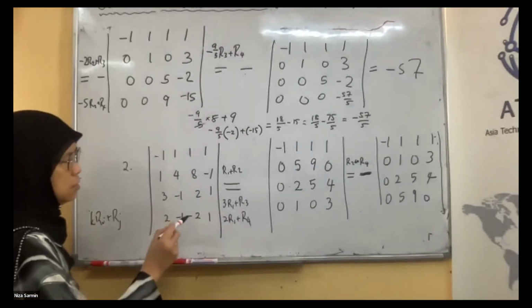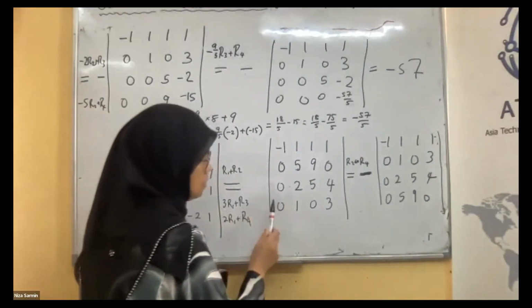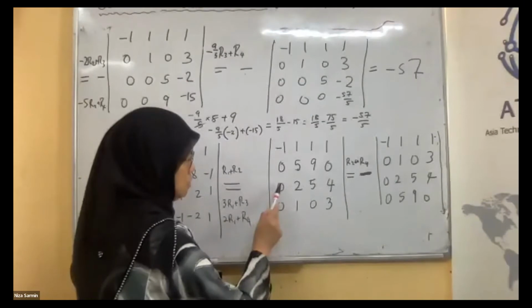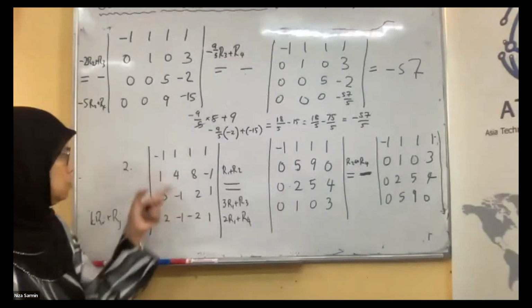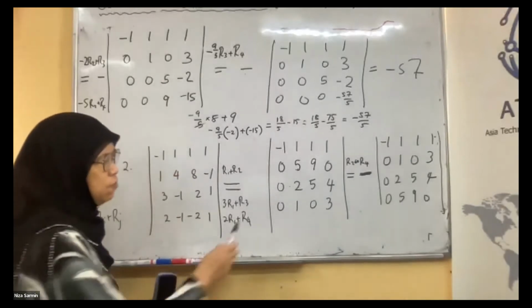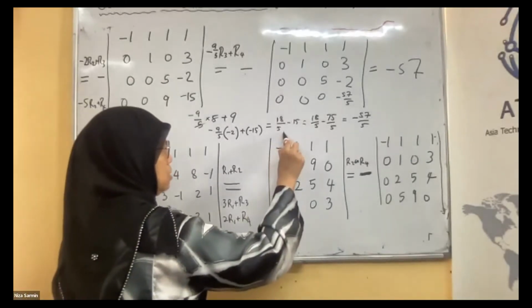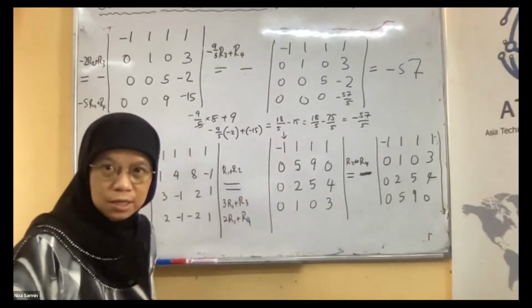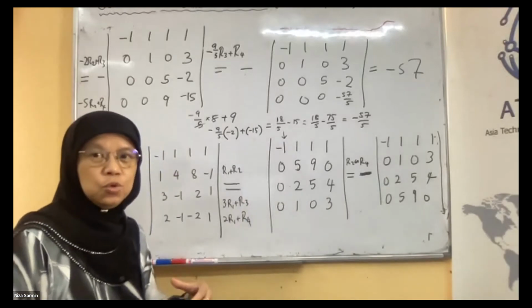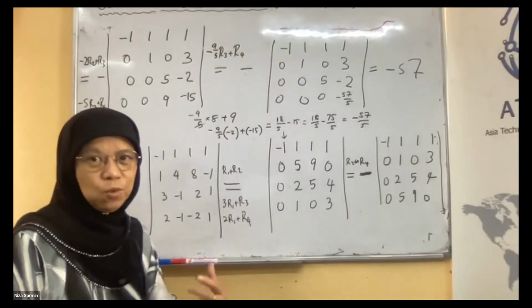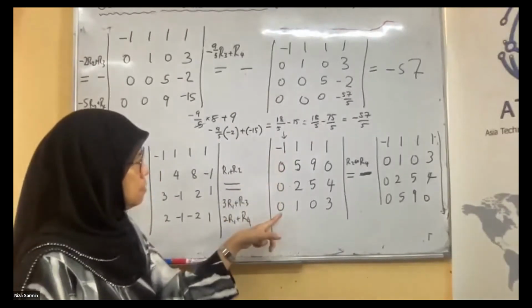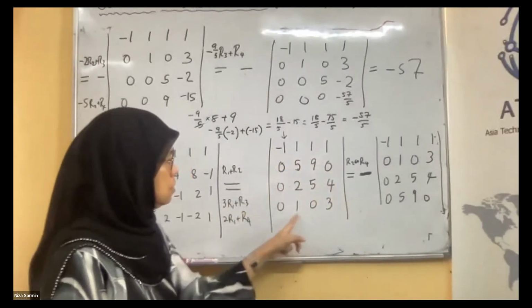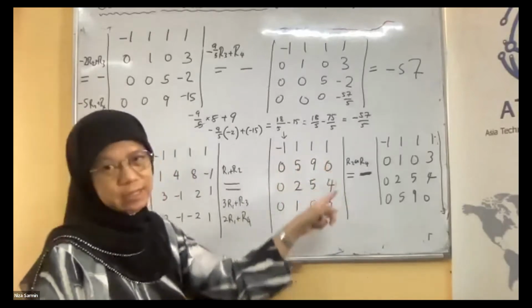If you use cofactor expansion from here, it is hard because you have to find so many. But if you can use cofactor expansion, I suggest you do one row operation one time, and then choose this column, and you are down to 3 by 3.